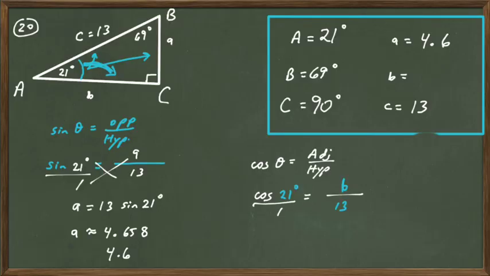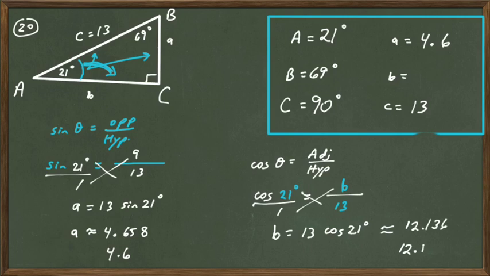So if I was to solve for B, if two fractions are equal, you could cross multiply, giving you 13 times the cosine of 21 degrees. 13 times cosine 21 degrees gives me 12.136, so I'll call it 12.1.